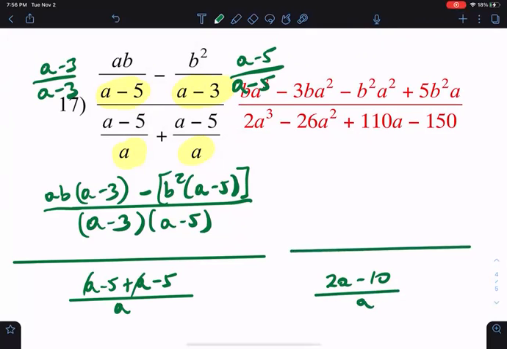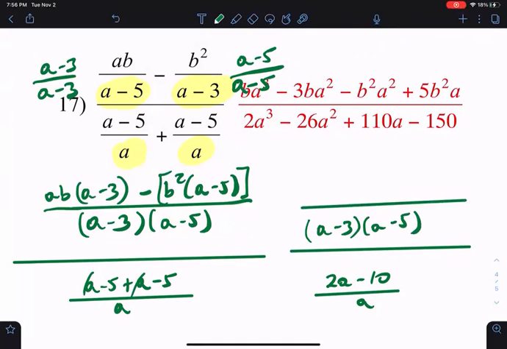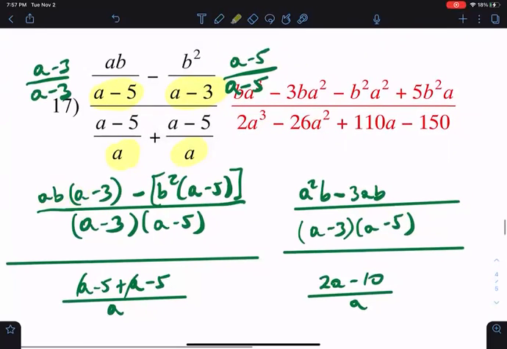And then the top, I need to do something, right? So this is going to be a, well, I need to distribute this once first. So this is a squared b minus 3ab, right? Because I'm doing this times this and then times that, right?